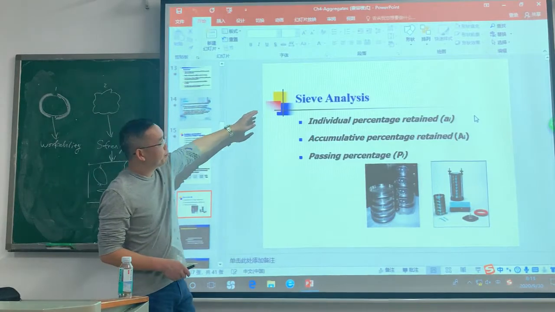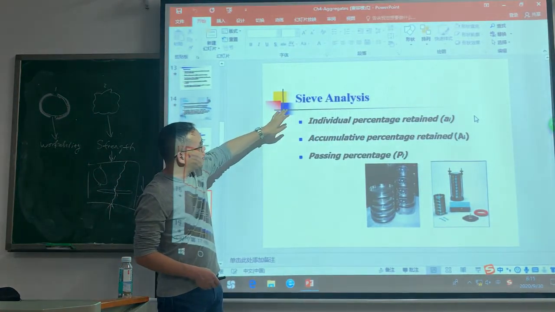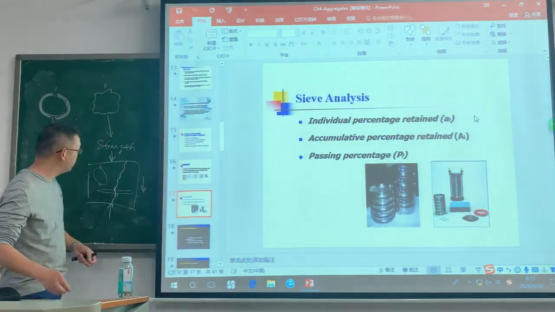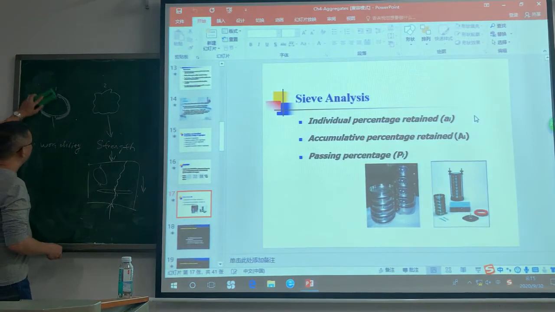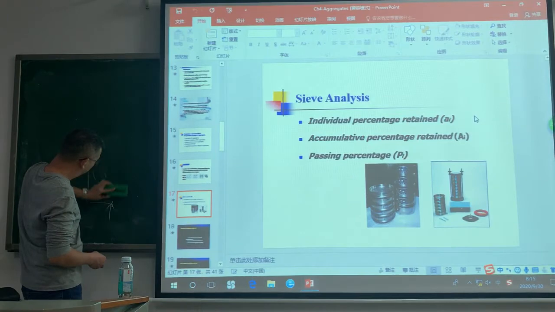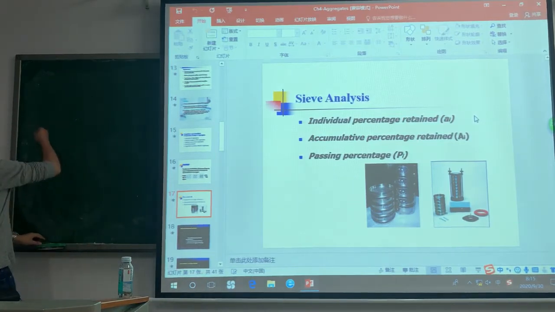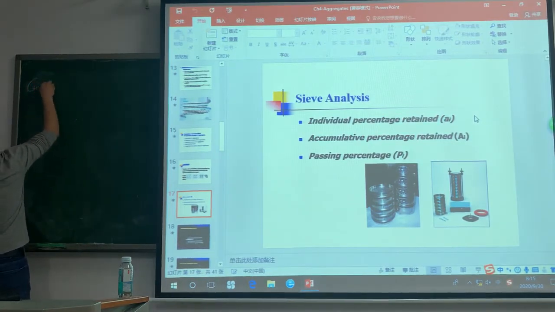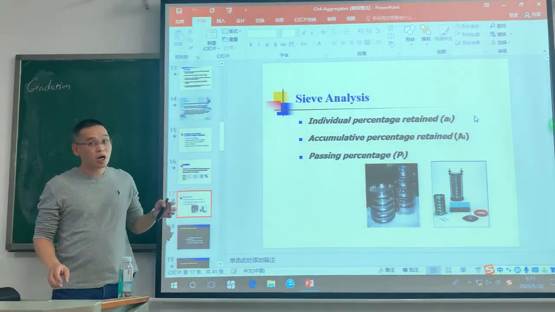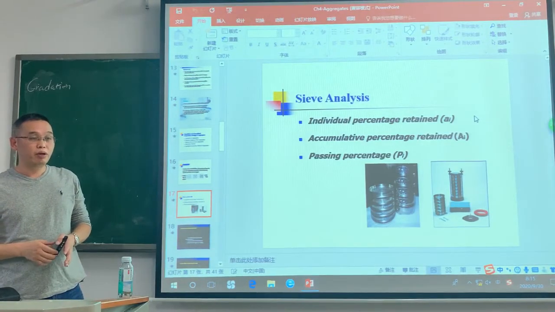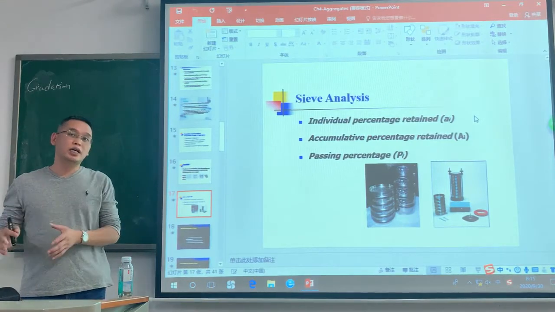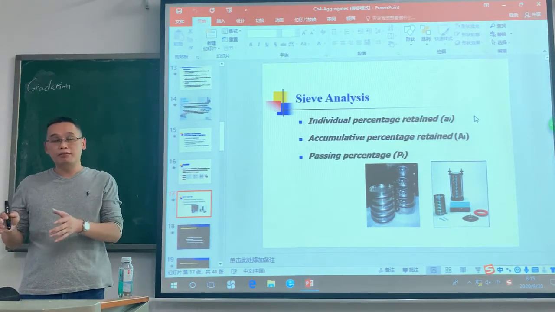The purpose of the sieve analysis is to get the gradation of the aggregates, because we have learned that when we use aggregate in concrete, the aggregate must have some gradation.